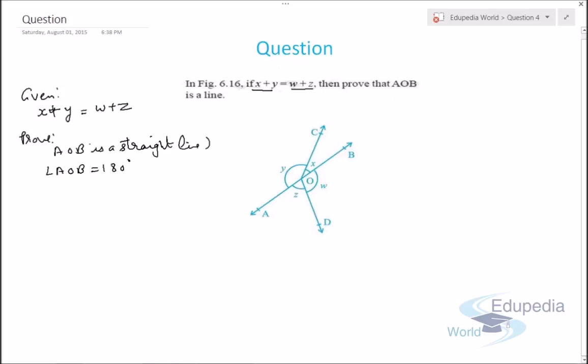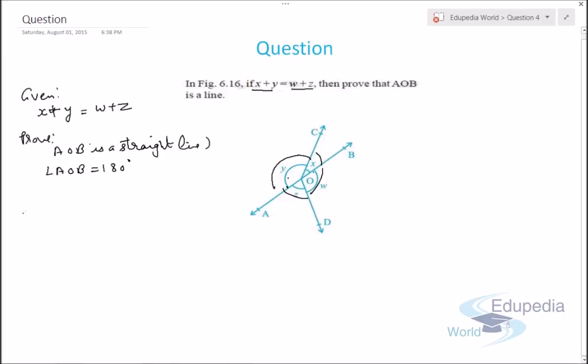So very simple. Now x plus y, if we see the figure, this is y and this is x and this is w and this is z. Now it is given that x plus y equals w plus z.